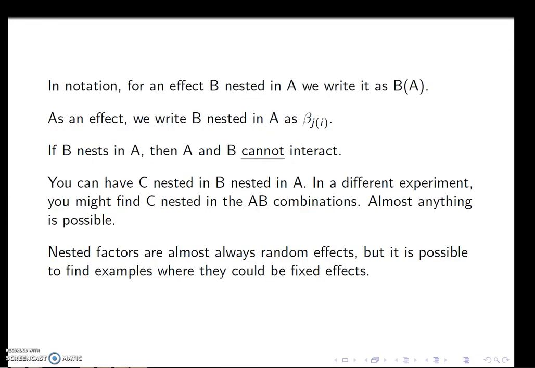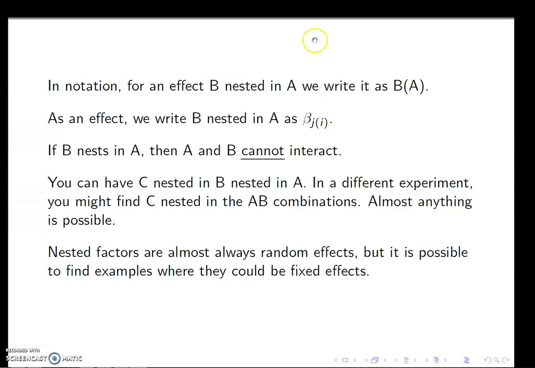For notation, the effect B nested in A, we'd write as B within A. So notice the parentheses that are used here. And when we talk about the effect within our linear model, we don't just call it beta J, even though in a typical crossed experiment this would just be beta J, but we have beta J nested within I, just to remind us that those levels of B depend on what level of A we are in, or may be affected by the level of A that we're in.